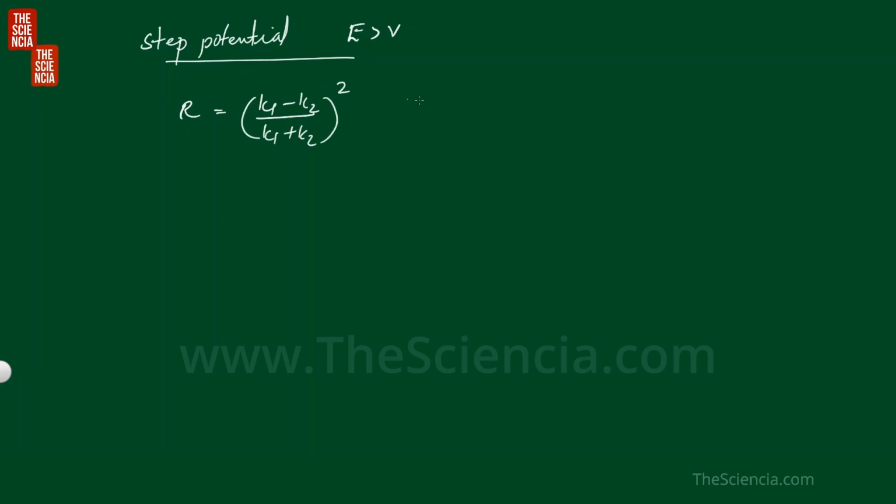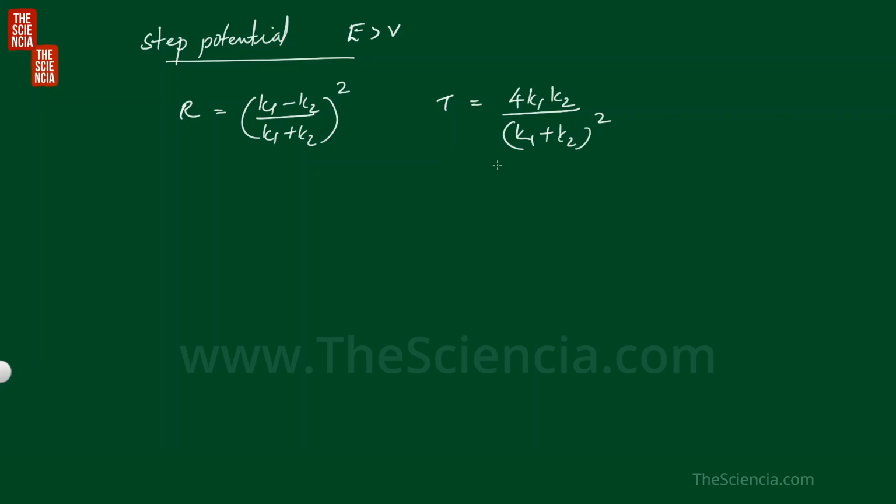Therefore, for a step potential where the particle energy E is greater than the potential of the step, the reflection coefficient is K1 minus K2 by K1 plus K2 all square, and the transmission coefficient is 4 K1 K2 by K1 plus K2 all square.